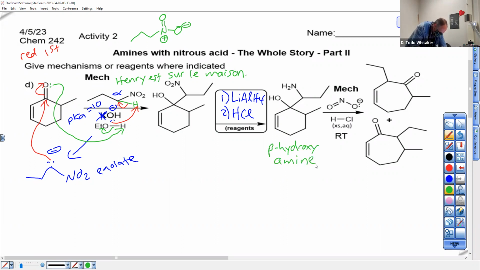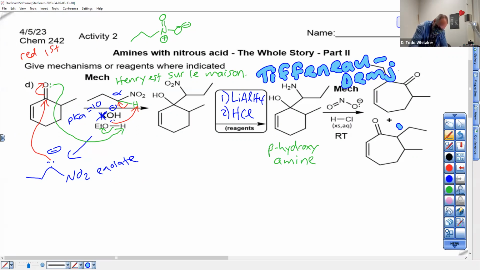They're candidates for the world famous Tiffeneau-Demjanov rearrangement, which you have to set up first.